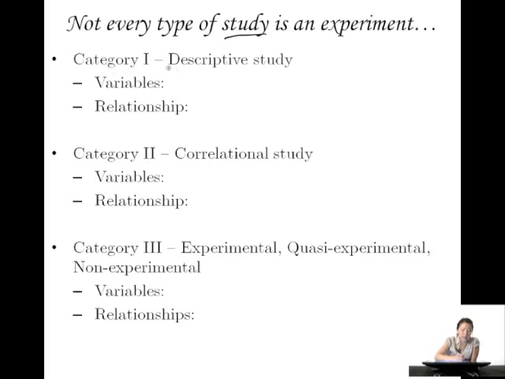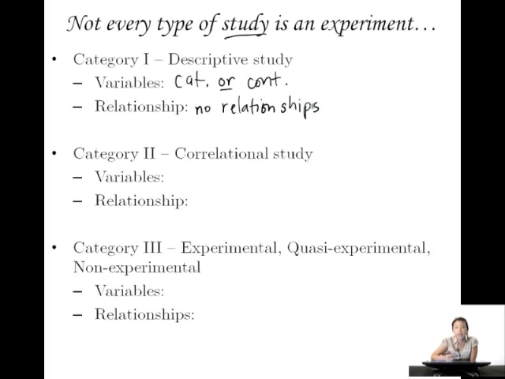So first, category 1 are the kinds of studies that are only descriptive. So these are descriptive studies. The variables can either be categorical or continuous, right? But they don't look at any relationships. They don't even describe relationships between variables. They only look at variables in isolation.